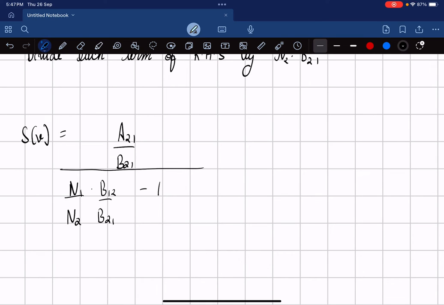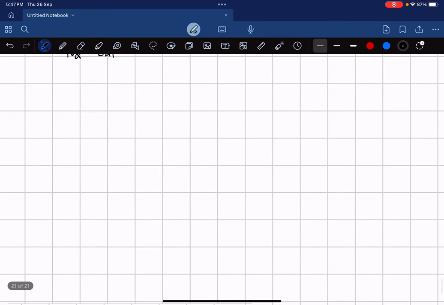And now this will be our second equation.